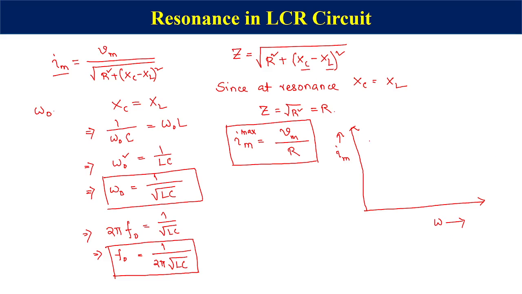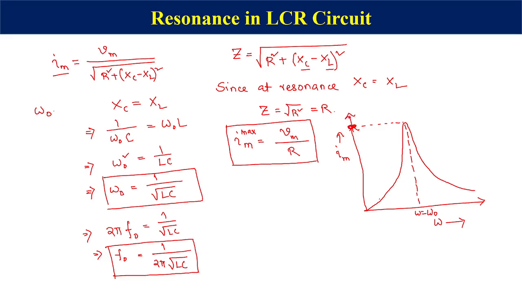In that case we will get a graph which is like this. So this is the value, say at omega equal to omega naught, for which the current has reached a maximum level. So this is a value of the current which is the maximum of the maximum current.